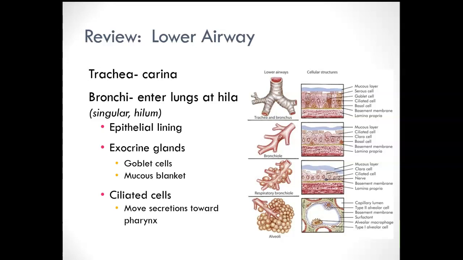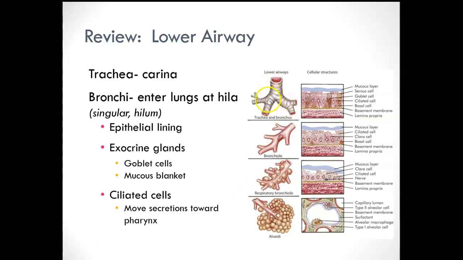So looking at the lower airway, we have the trachea and the carina, right? And then we have the bronchi. The trachea bifurcates into two main stems. You can see that here on this drawing. It goes this way and it goes this way.